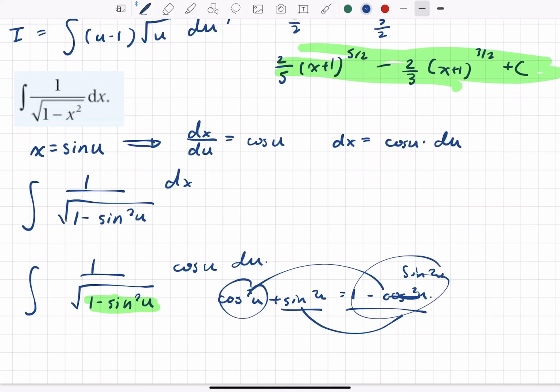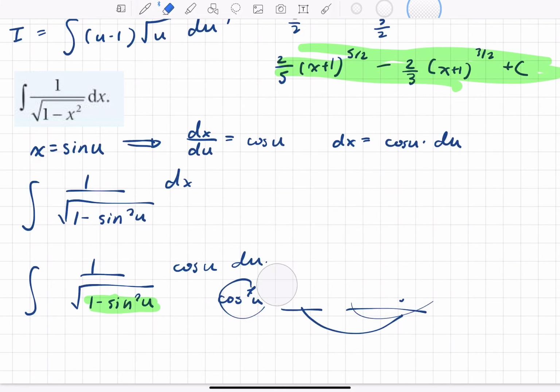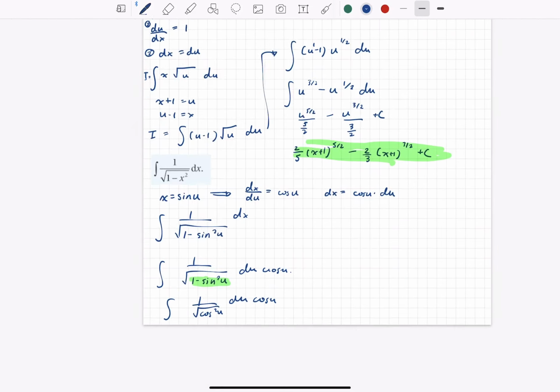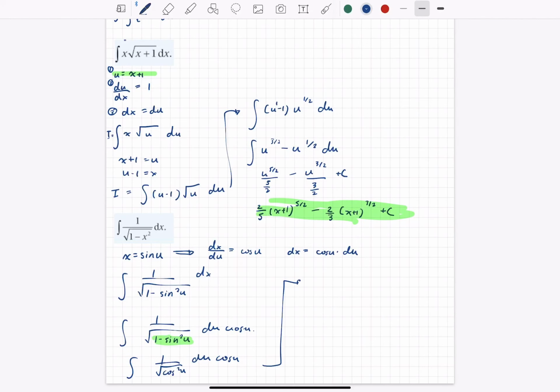So really what we have here is the integral of 1 over the square root of cos squared u, times cos u du. Now, the square root of cos squared u is just cos u.